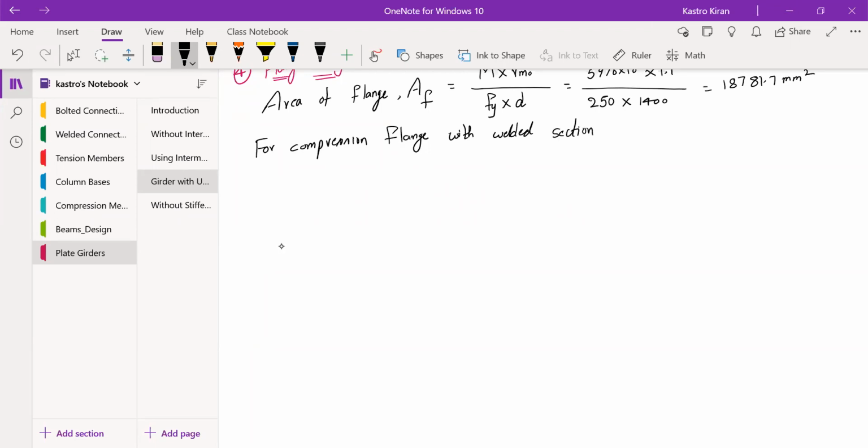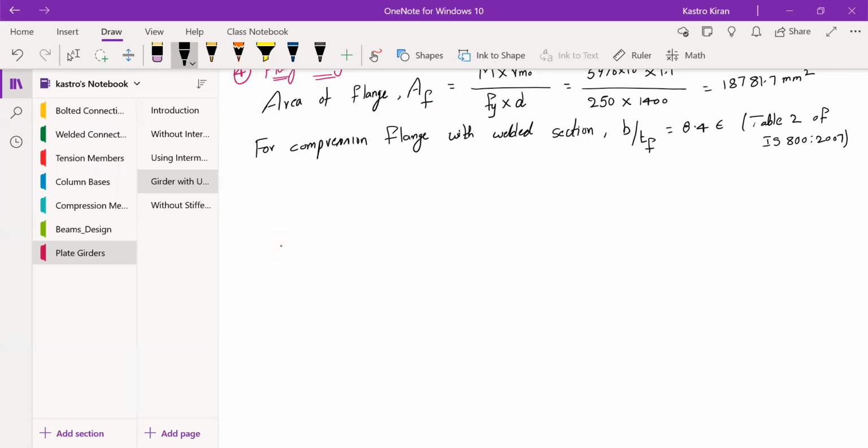So for compression flange with welded section, the ratio of B by TF should be 8.4 epsilon. How did you get this value? This is from table 2 of IS 800-2007. You can refer table 2 of IS 800-2007. There you have different sections: plastic, compact, semi-compact sections. By using that, you are going to check this condition.